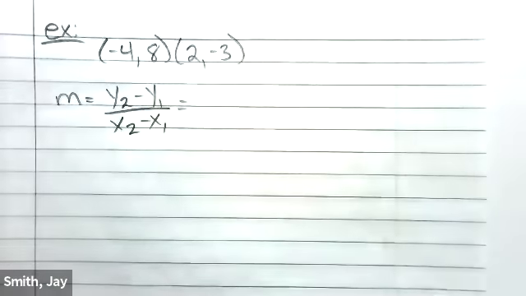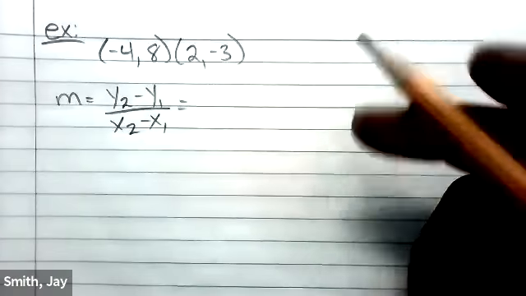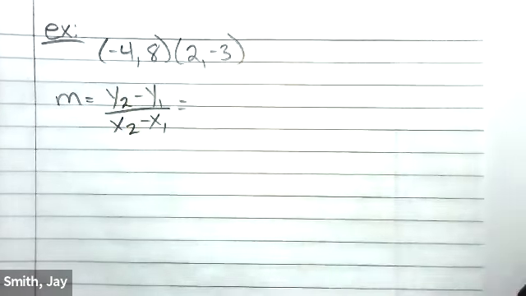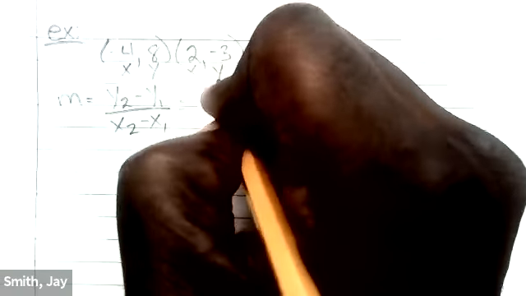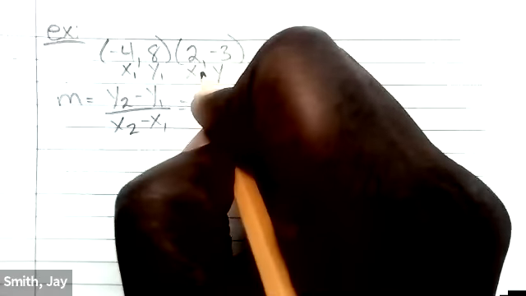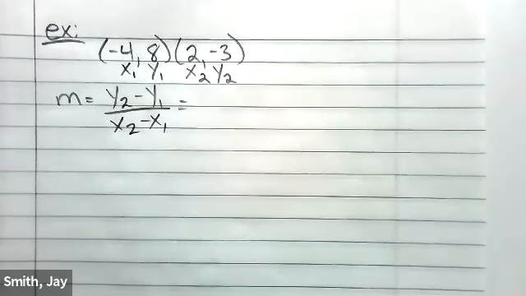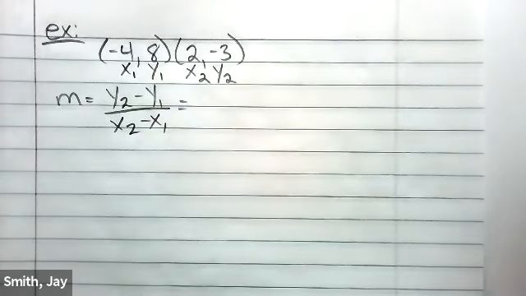And the more you write it, the more likely it is that you're going to remember it. The most common mistake that I see in these problems is mislabeling the points. First number in every ordered pair is my x coordinate, second number is y. So this is x, y, x, y. My first x, my first y, second x, my second y. So now I properly labeled x1, y1, x2, and y2.